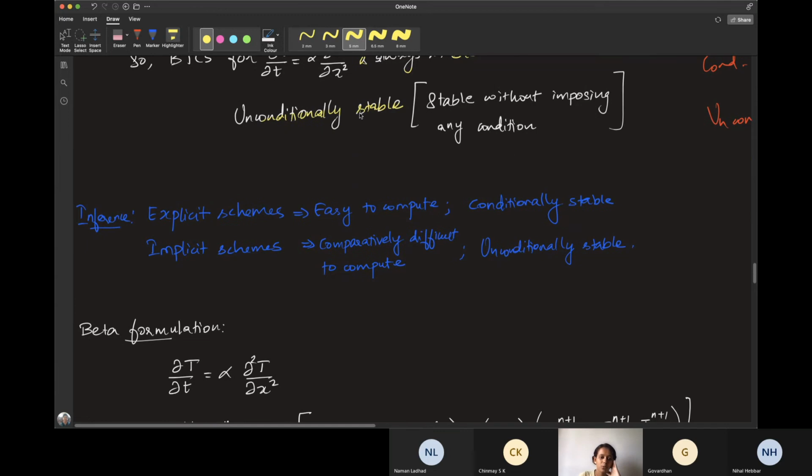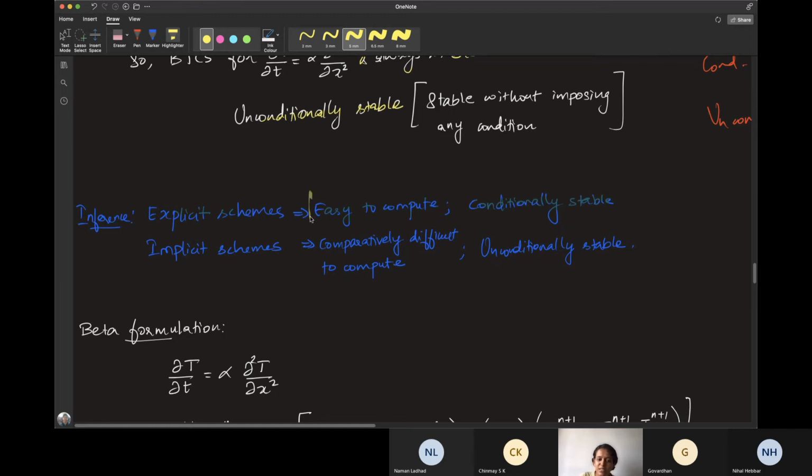So what we have seen now is, for the explicit scheme, we saw in the previous part that it's easy to compute. That is, we only had to solve a single equation to find the solution at a grid point. But it is conditionally stable. It's not always stable, but provided some conditions on delta t and delta x are satisfied, such that they meet the stability requirements, then it's going to be stable.